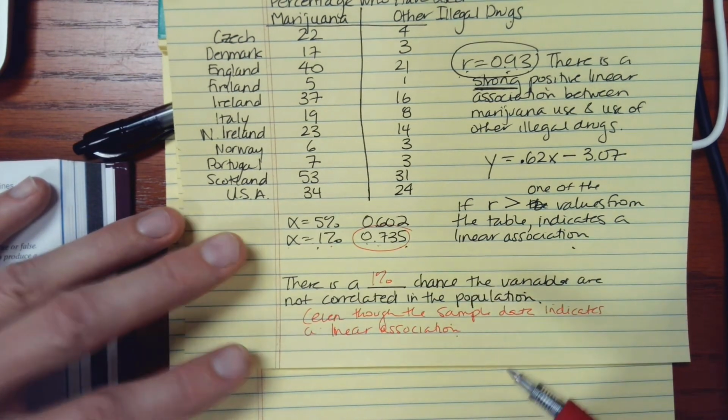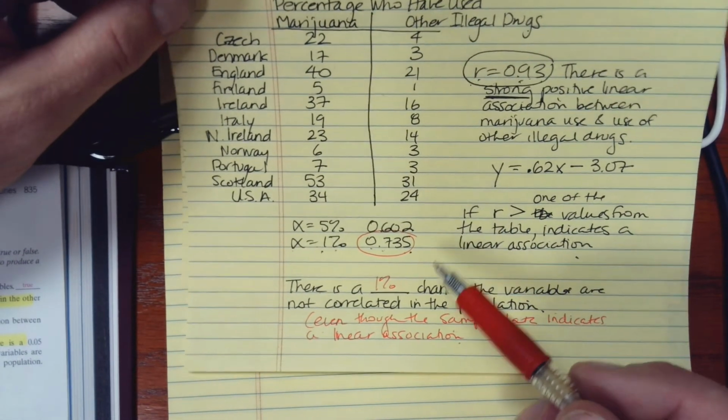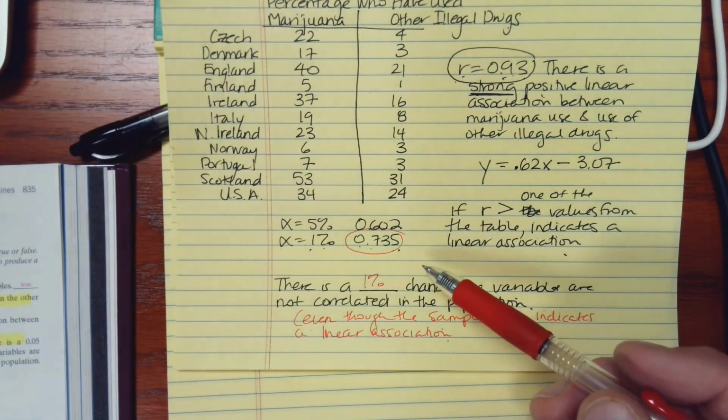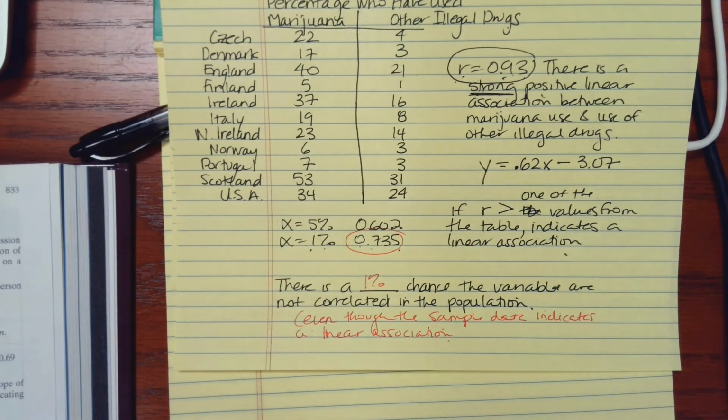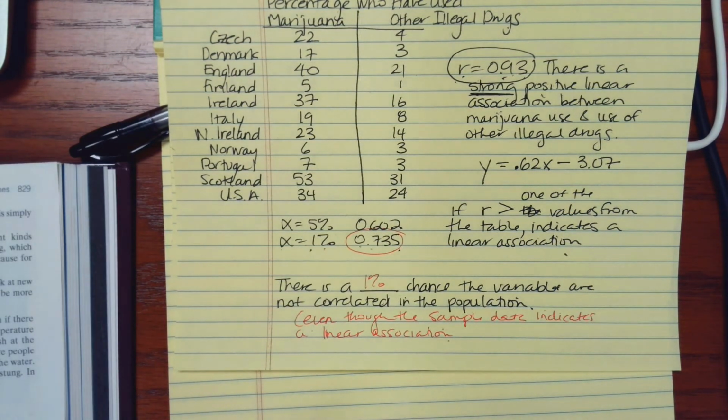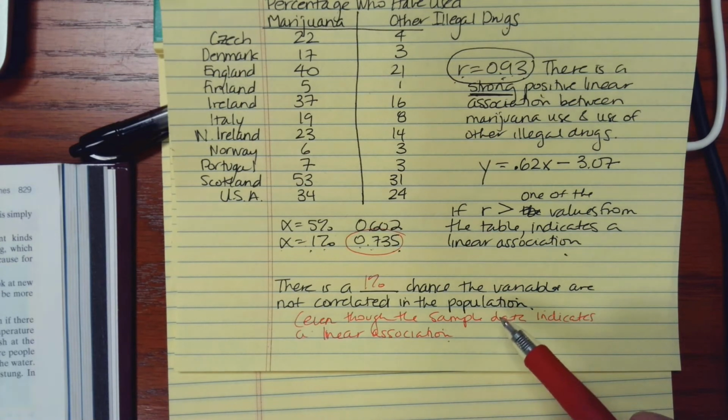A classic example that shows the distinction between cause and effect is one that you'll see in many textbooks, and there's even one here from the textbook I'm looking at.